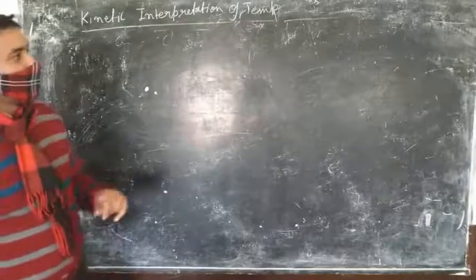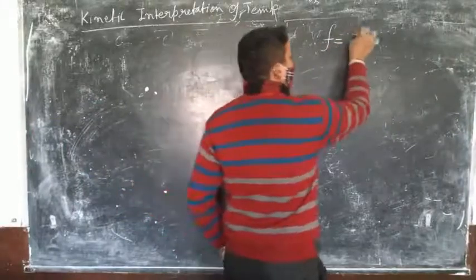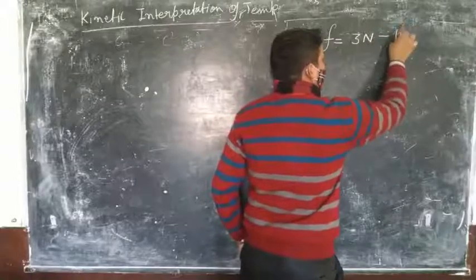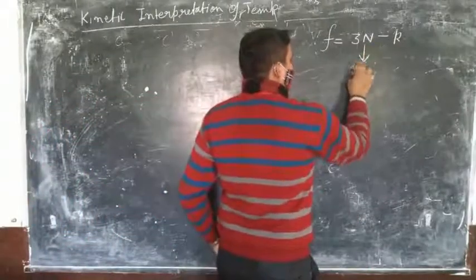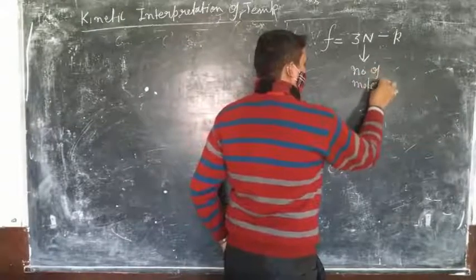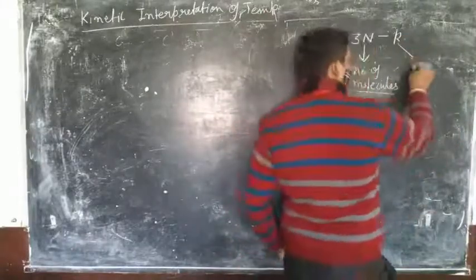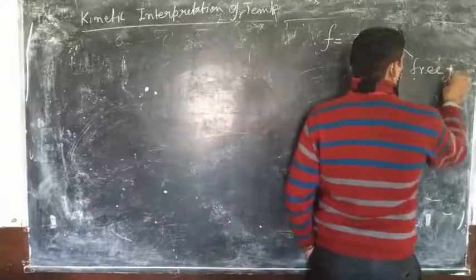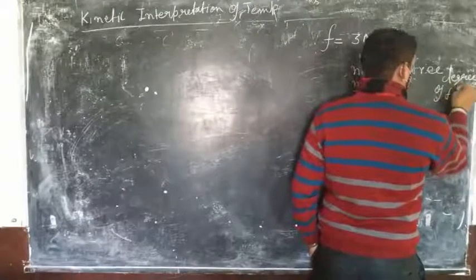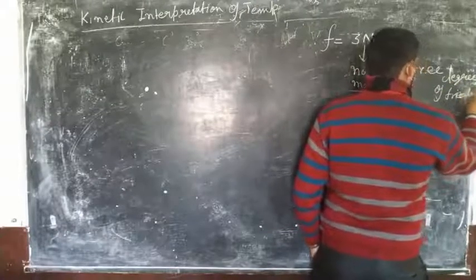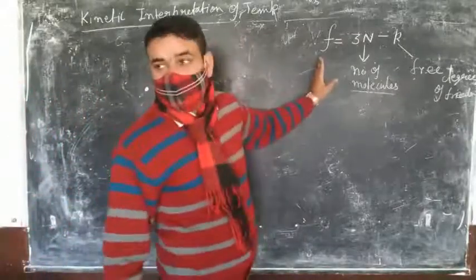Write the formula: degree of freedom is denoted by F, which is equal to 3n minus k, where n is the number of molecules, and k is the free degree of rotation, and F is the degree of freedom.